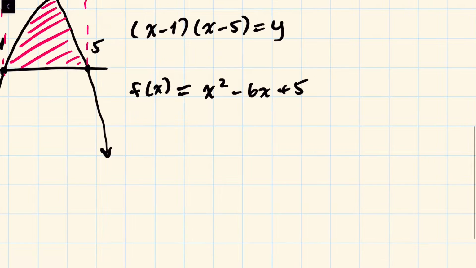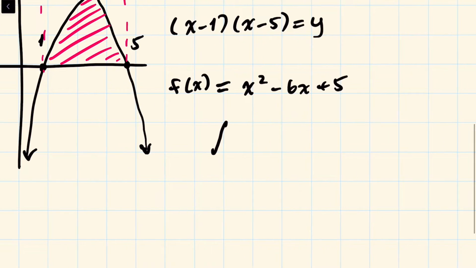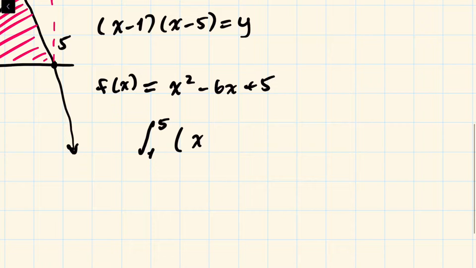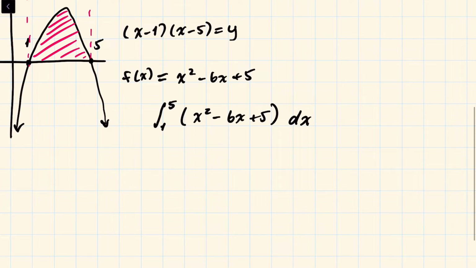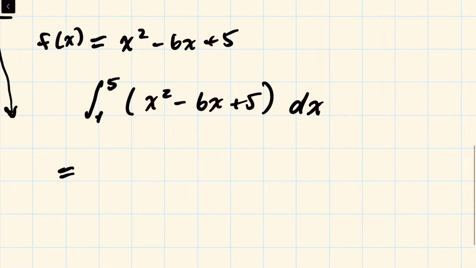Okay, so we want the integral from 1 to 5 of x squared minus 6x plus 5 dx, because we have differentiated in terms of x, not any other variable. So now we're going to find our antiderivative.